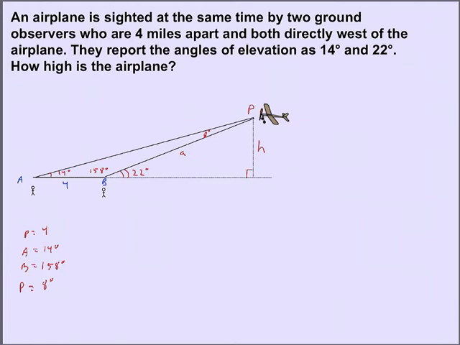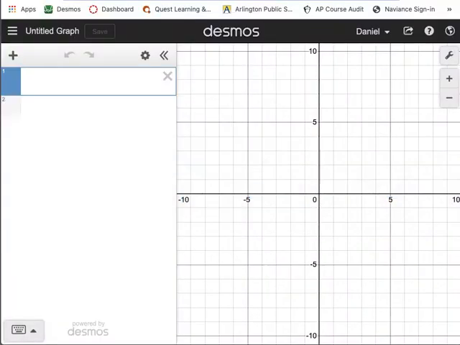So I can say that A over the sine of 14 degrees is equal to P over the sine of angle P, which means that A is equal to 4 sine of 14 degrees over the sine of 8. And we can turn to Desmos for an approximation of that.